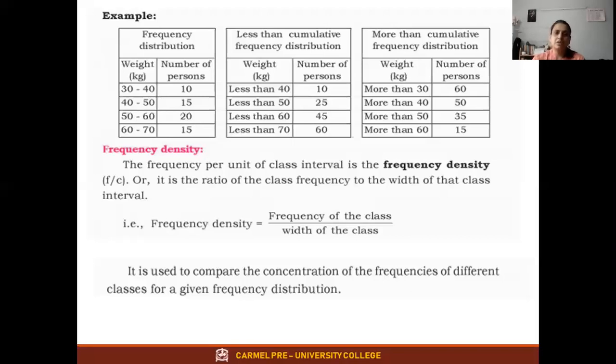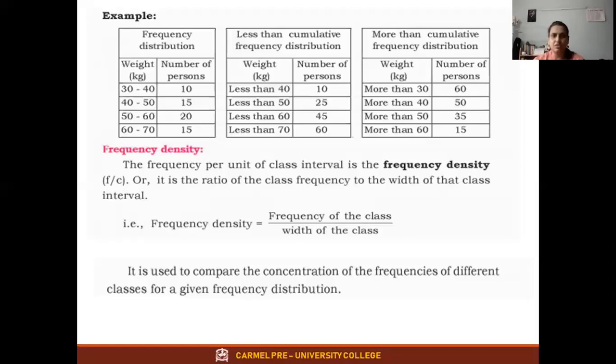Next important term is frequency density. See the formula. Frequency density is the frequency of the class by the width of the class. It is a ratio of the class frequency to the width of the class.